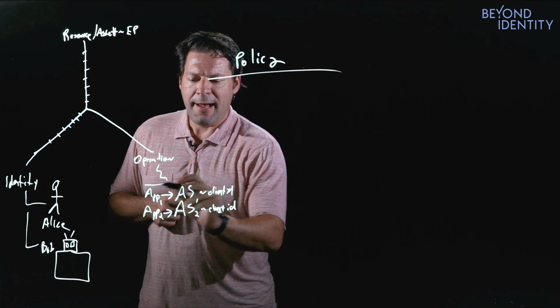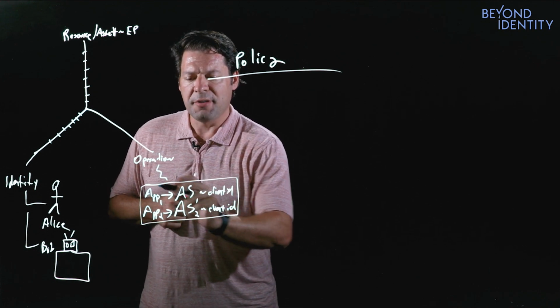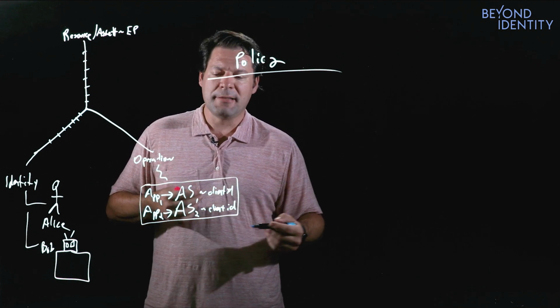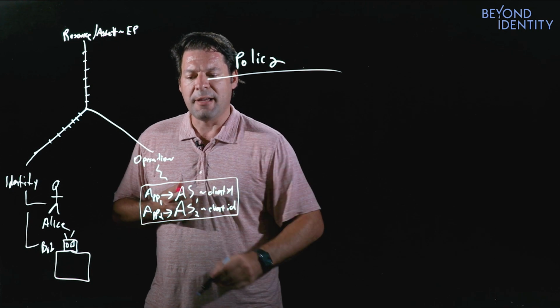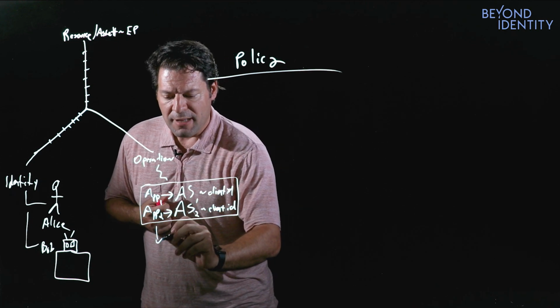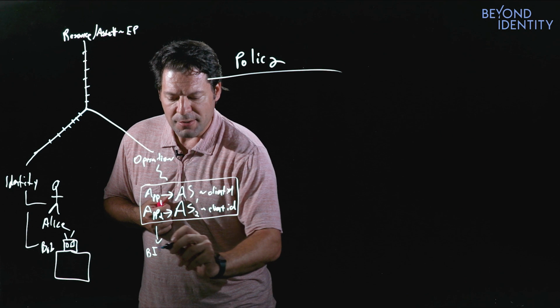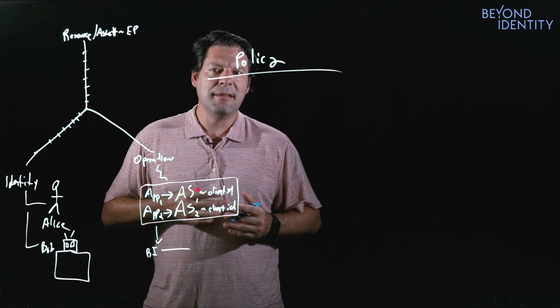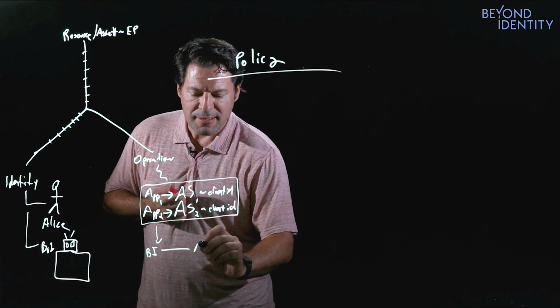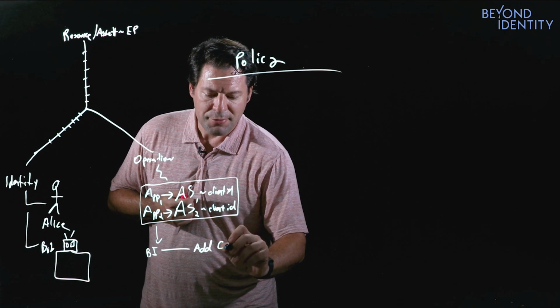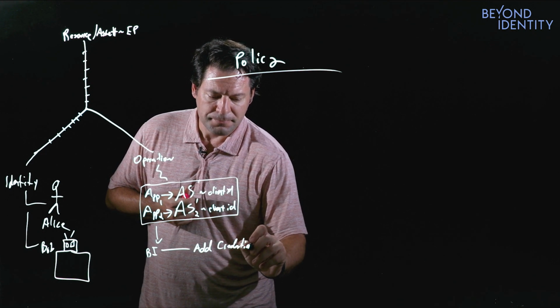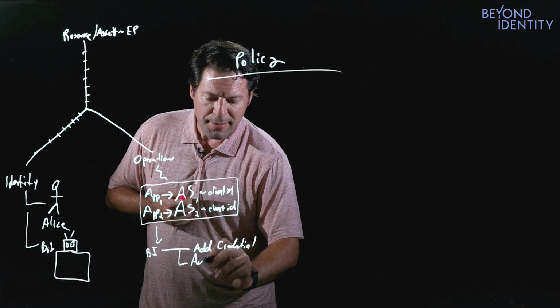And this is how, inside a policy, you can provide different impact across different applications. Within one special application, the Beyond Identity application, we actually call out the inter-application operations. So add credential, authenticate.